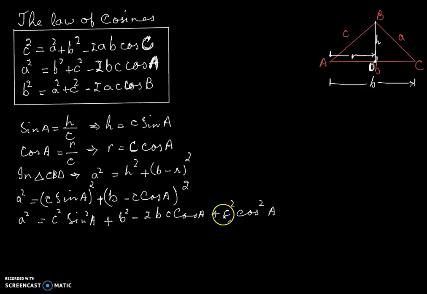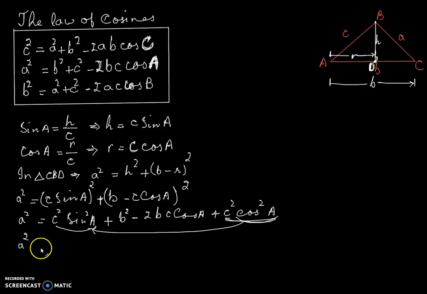Then here you can simplify things again. You can put these two together. This is C squared into sine squared A plus cos squared A, so I can factor this out.